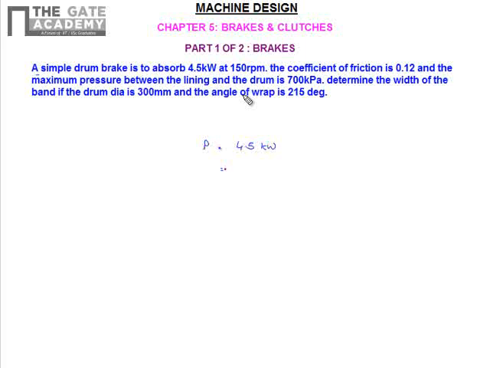Now we are given that the power absorbed is 4.5 kilowatts, equal to 4500 watts, and power absorbed will be given by 2 pi N T by 60, where T is the torque and N is the RPM.